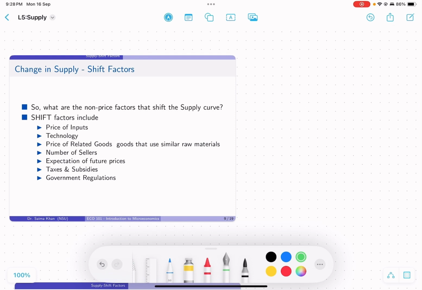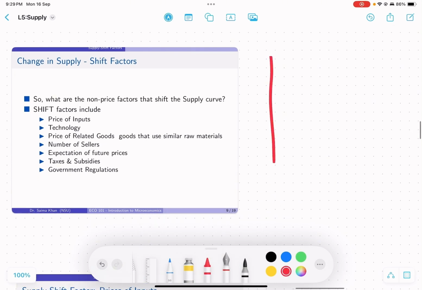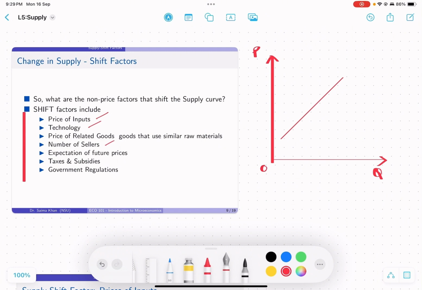So in this video, we finally start our discussion on the different shift factors that affect your supply curve. Let's do a brief recap of what we mean by shift factors, and what we mean by the supply curve shifting. Essentially, factors like a change in the price of inputs, a change in technology, or a change in the number of sellers shift your supply curve.